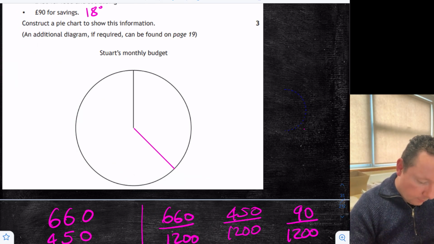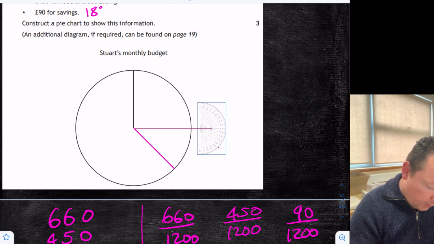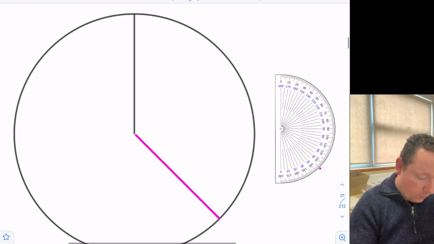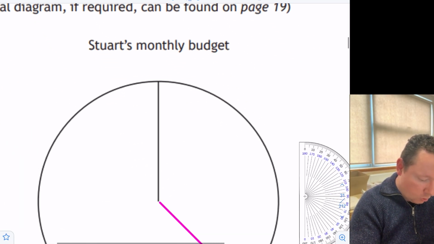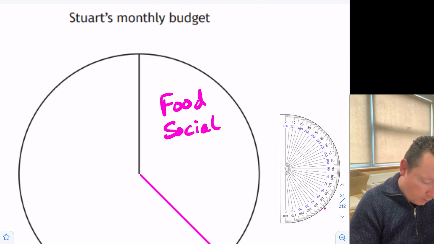We no longer need it. Our next one we're going to draw is probably going to be the 18 degrees. So zooming in again, we know that's 135, so that's food and socialising. Let's just take a note of that. Food, socialising. That's 135 degrees.